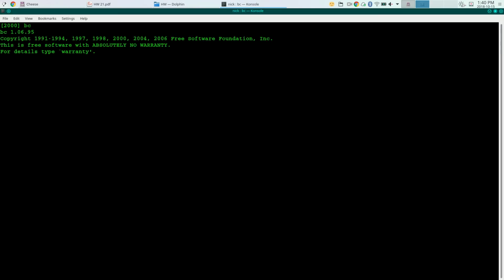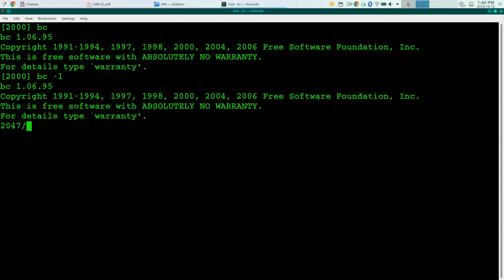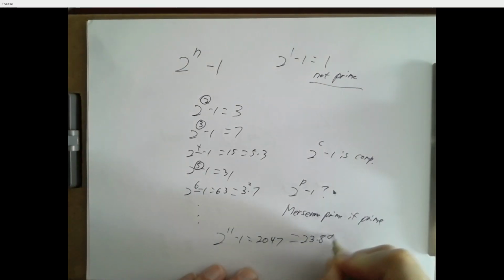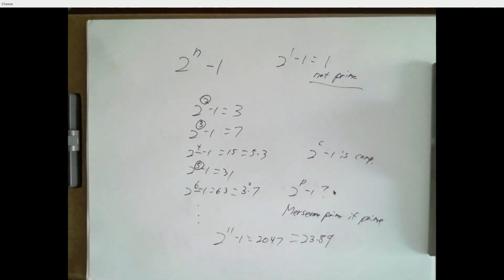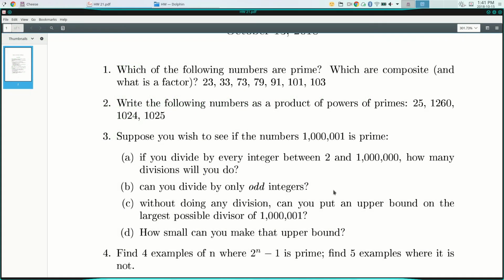That is 23 times 89, how's that for a weird combination? So Mersenne primes are interesting.